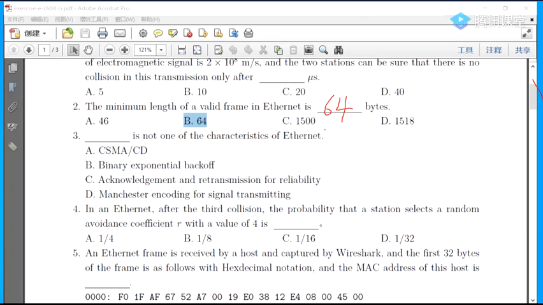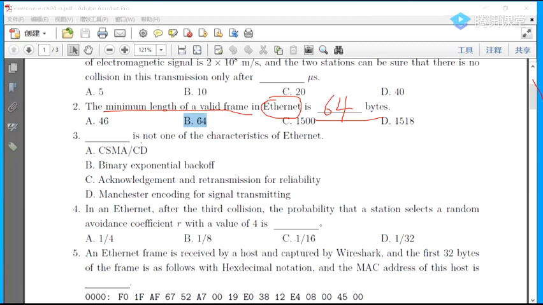That is the specification of Ethernet. So we should memorize this value. So the minimum length of a valid frame in Ethernet is 64 bytes. Question 3, which one is not one of the characteristics of Ethernet?